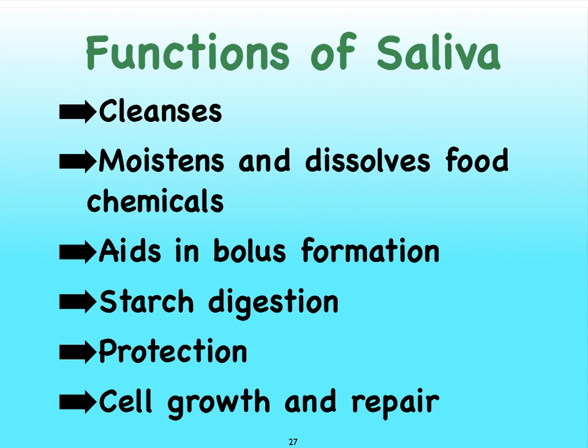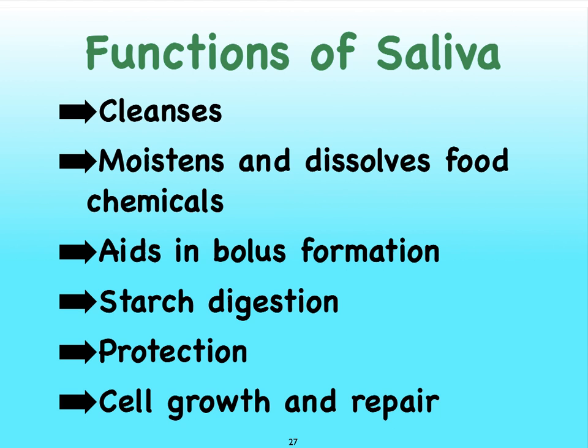Amylase digests the starch. With the help of the tongue and the saliva, we can better form that bolus. And let's not forget that all of the water that makes up part of the saliva helps dissolve the food chemicals as well, so that the chemoreceptors that are part of our taste buds can also respond to those chemical stimuli.